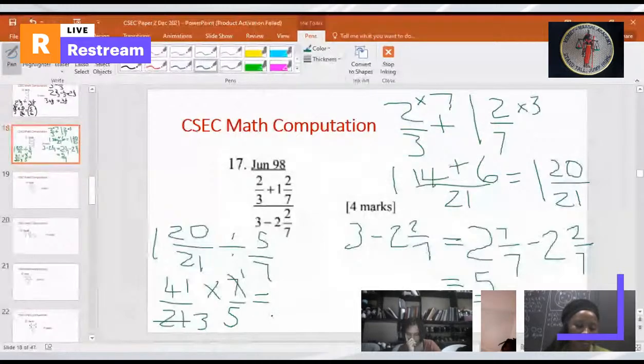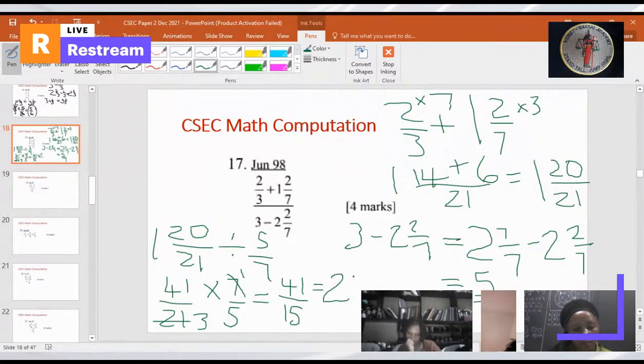And then you do 41 over 5 times 3. 41 times 1 is 41. And 3 fives are 15. 15 into 41 goes 2 times.